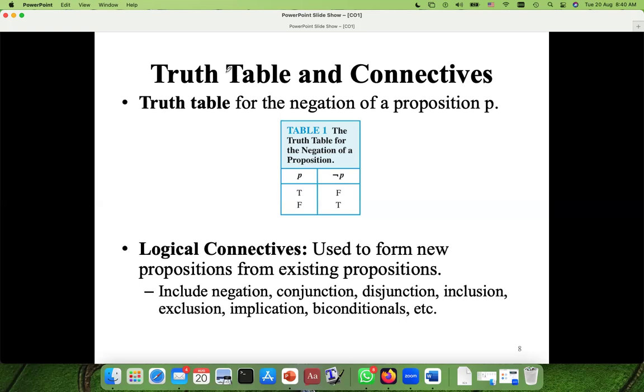Truth table. This is a table that will contain values in the form of T and F, and T is true, F is false.